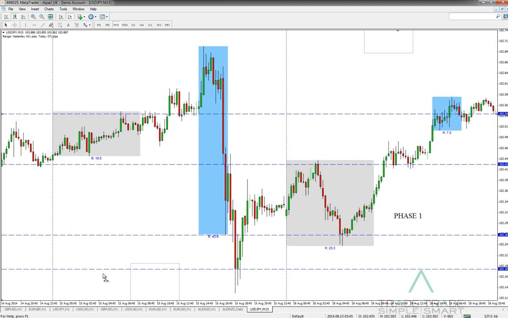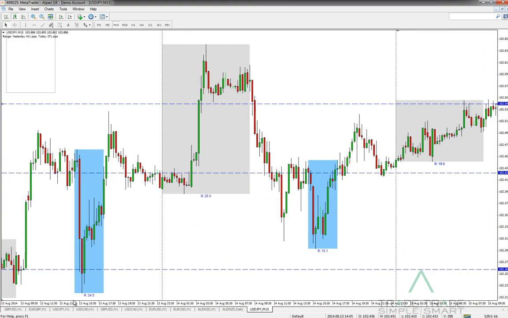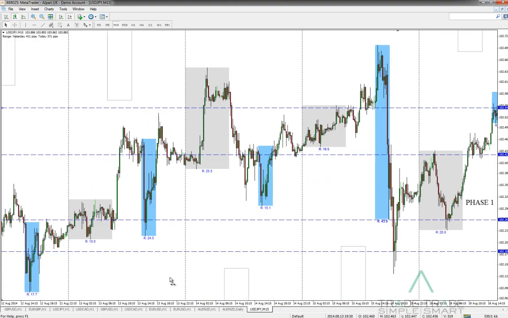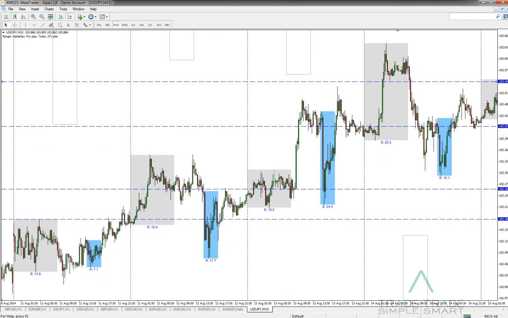Again, we're going to look back and see if there is any previous action in and around this level, and we can see that it acted as a level of resistance here. Again, a level of resistance, a level of resistance.